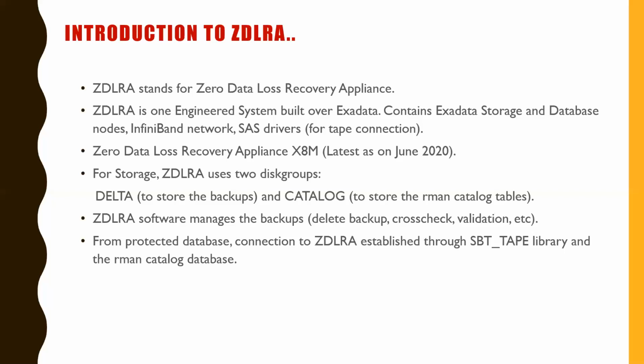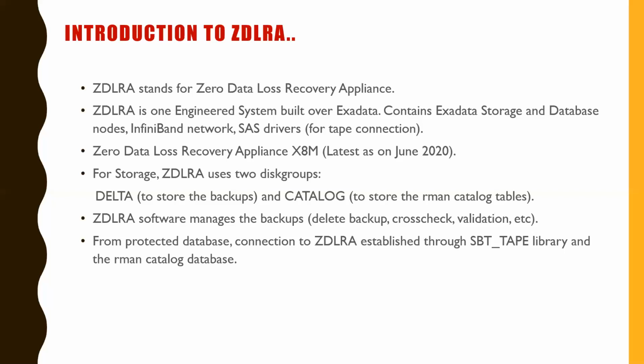When it is using tape, we call it SBT underscore tape. This is a standard format that we need to configure in the RMAN channel, and this channel will be communicating with the libraries of the Oracle Home.